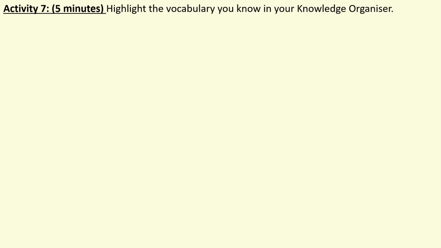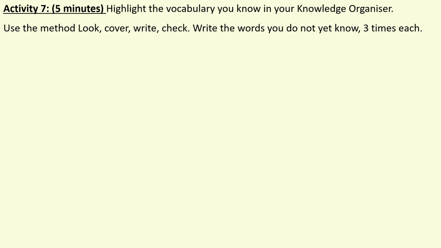This final activity depends on what speed you work at. I would like you now to go through your knowledge organizer and highlight all the vocabulary you know and are familiar with from the first 3 units that we've been doing. So go through and highlight everything you're familiar with in your knowledge organizer first of all. And then when you finish that, any words you don't know, I want you to use the method look, cover, write, check.